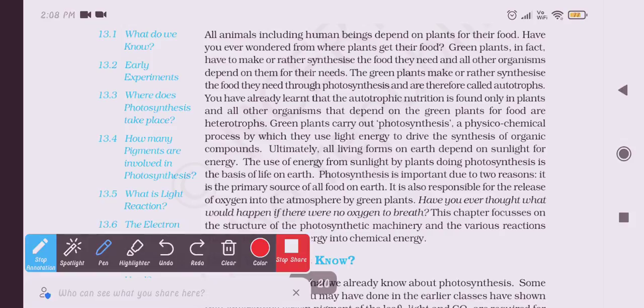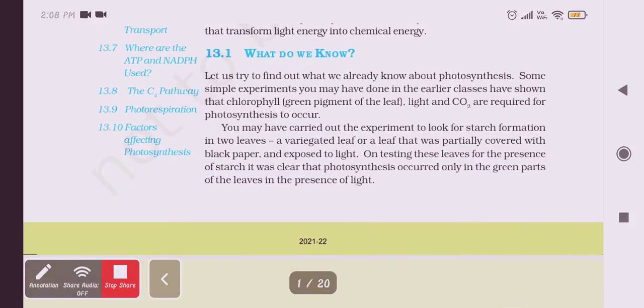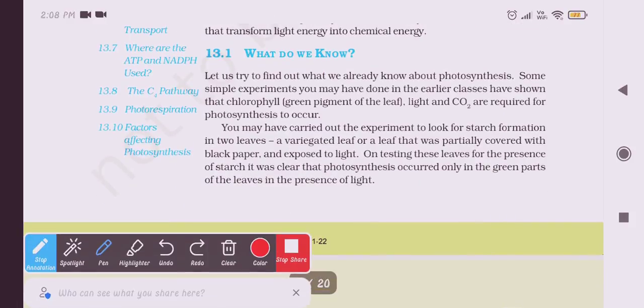So next, what is it saying? Okay, we are done with it. So now we are going to talk about photosynthesis. Well, we know about photosynthesis a little bit, but we need to discuss it in depth.